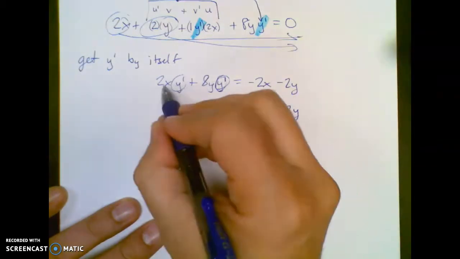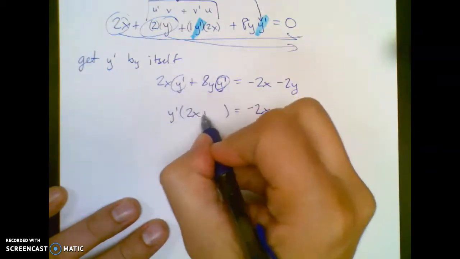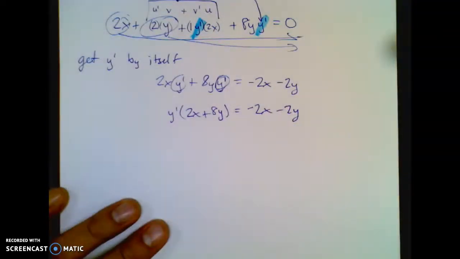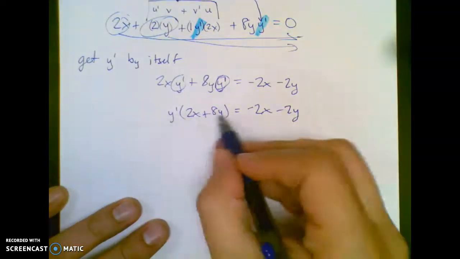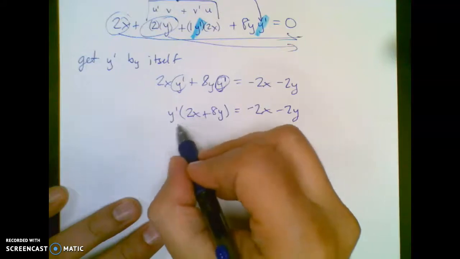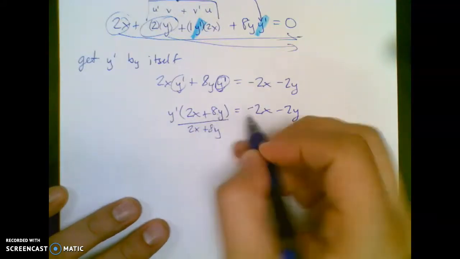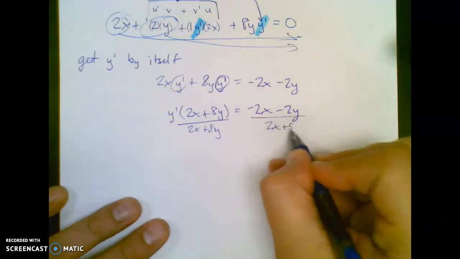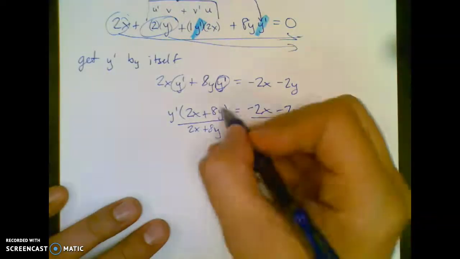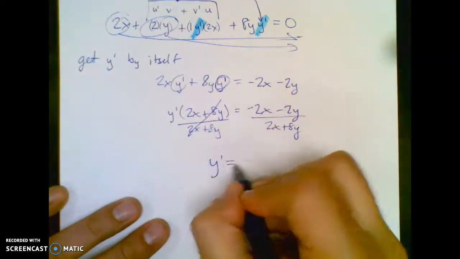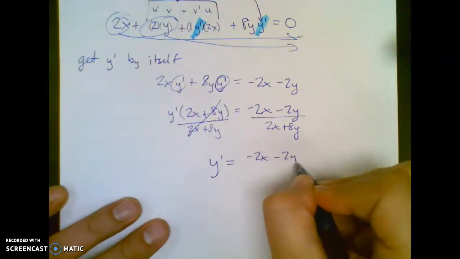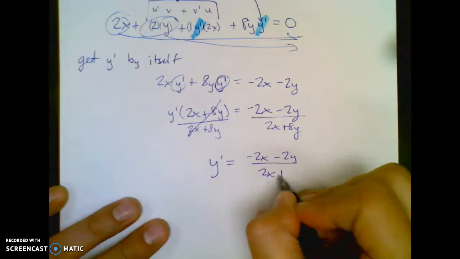You take out a y prime, what's left? 2x plus 8y. Okay, I'm almost home, because I want y prime by itself. Well, guess what's in the way? This big ugly thing. So those cancel off, and y prime is negative 2x minus 2y over 2x plus 8y.